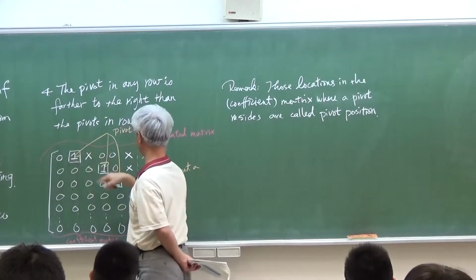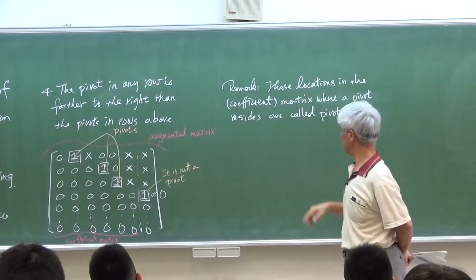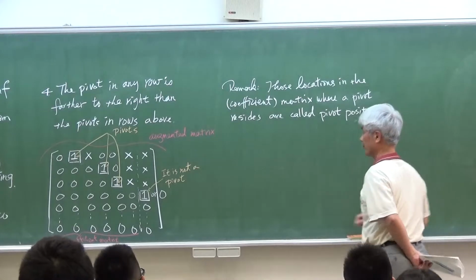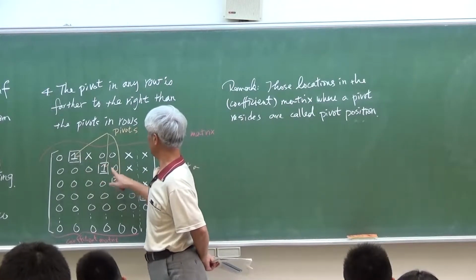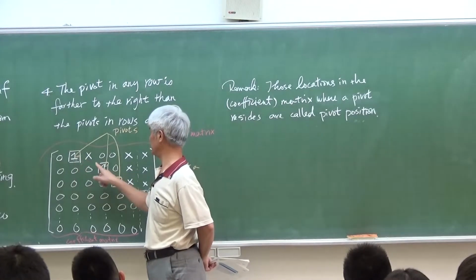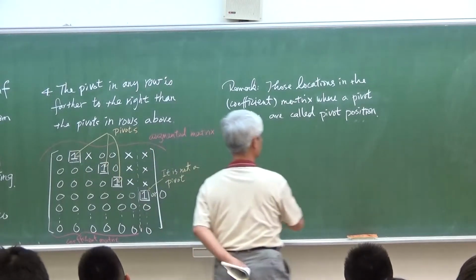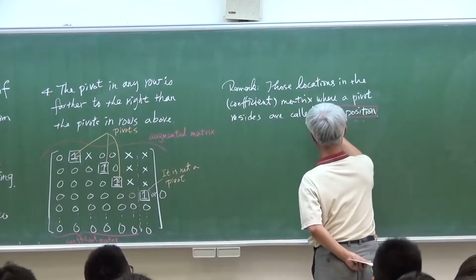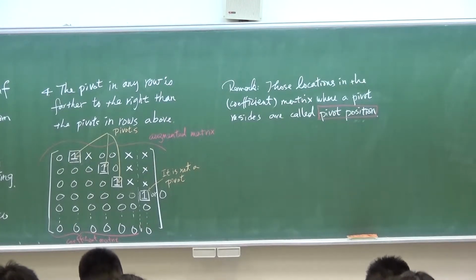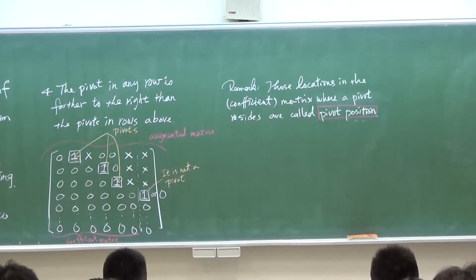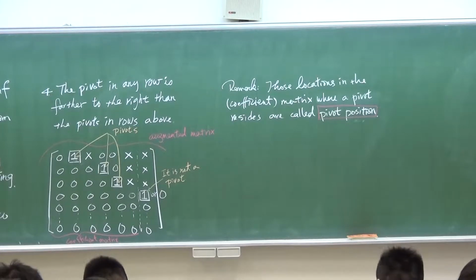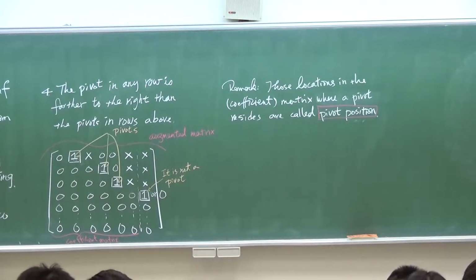So this location is called a pivot position. Okay. All right. So we have three pivots, and so we have three pivot positions. Another terminology which will be referred to later on. Questions?